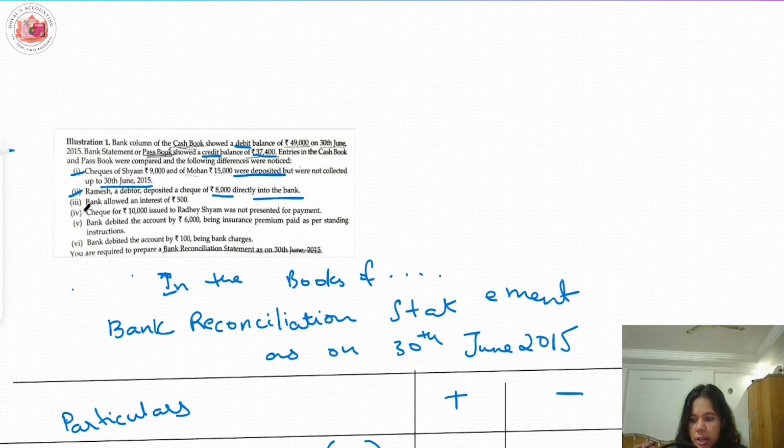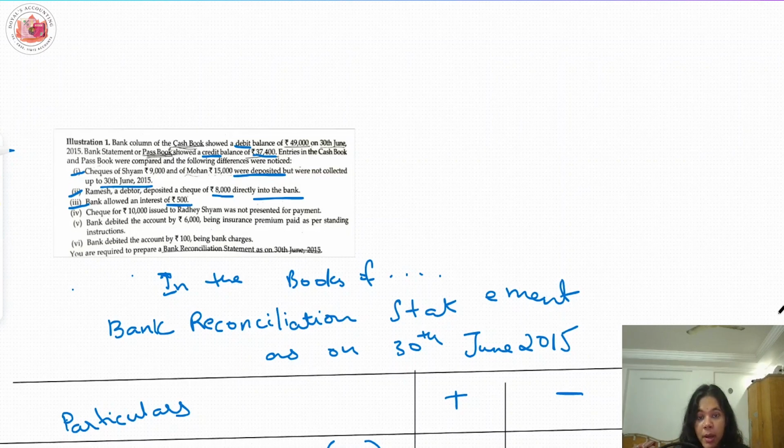Let's see our next transaction. Bank allowed an interest of 500 rupees. Okay. So what does this mean? Bank allowed an interest. That means the bank has given us interest of 500 rupees. Usually in a savings bank account we get interest. Even here the bank has given the account holder interest of rupees 500.